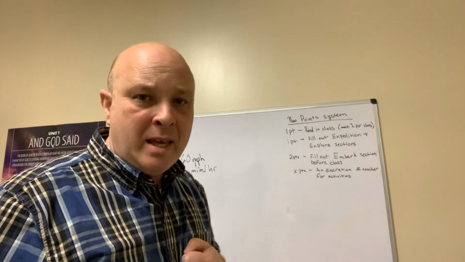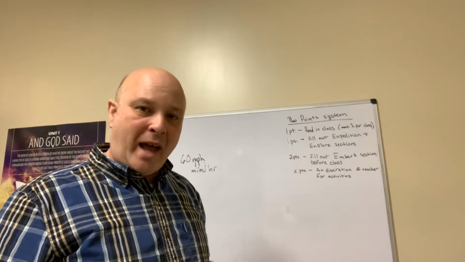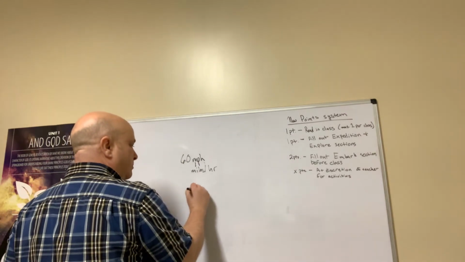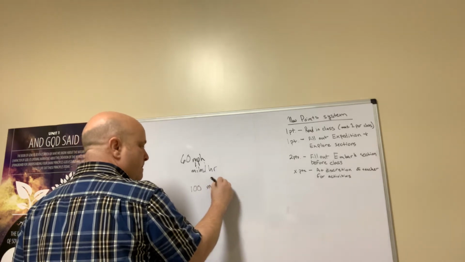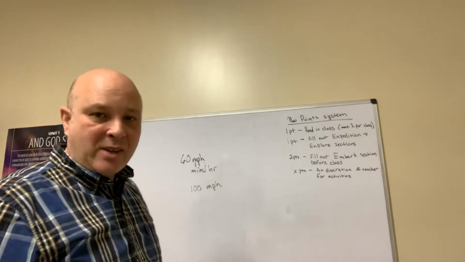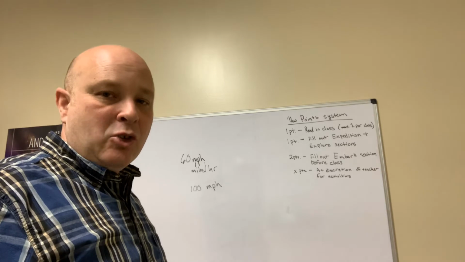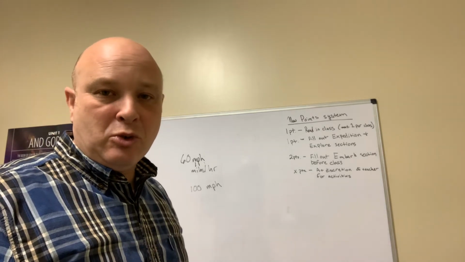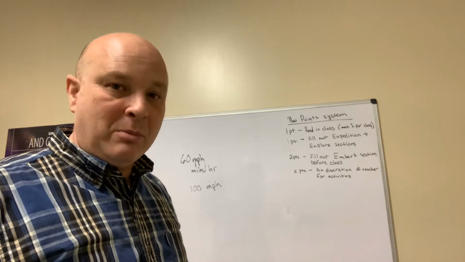Now, if you're going faster, let's say we're going 100 miles per hour. This is a faster rate of speed, and you want to know, well, how long will it take for me to travel 1,000 miles?